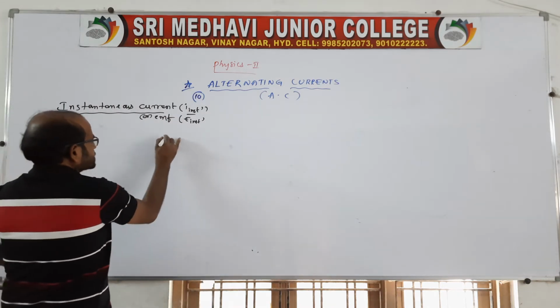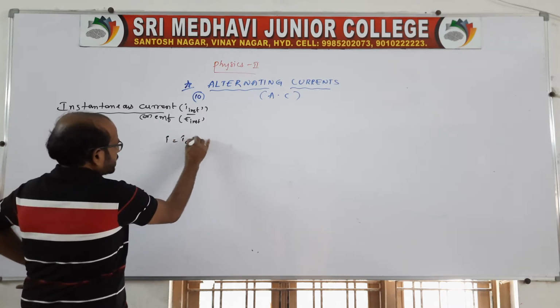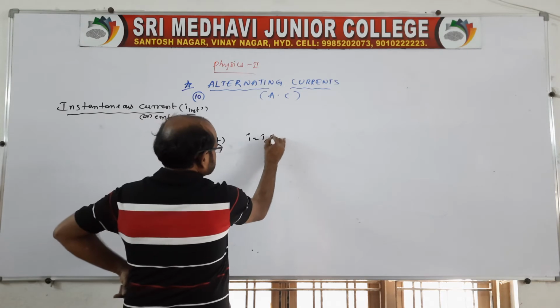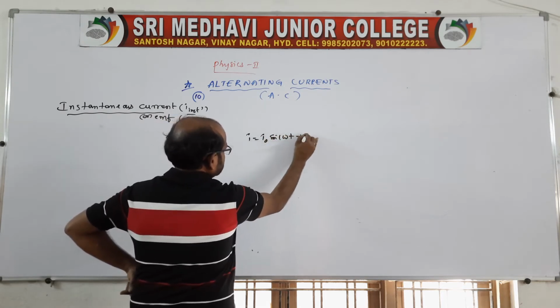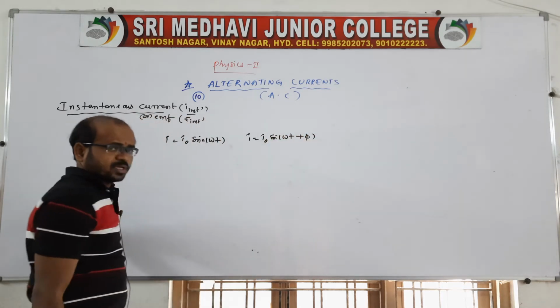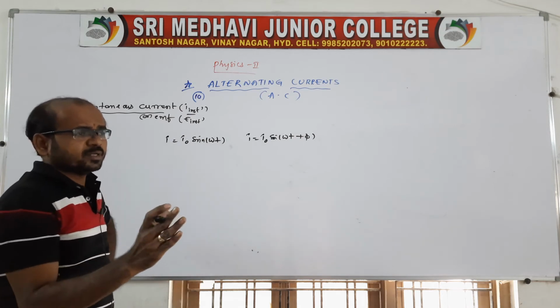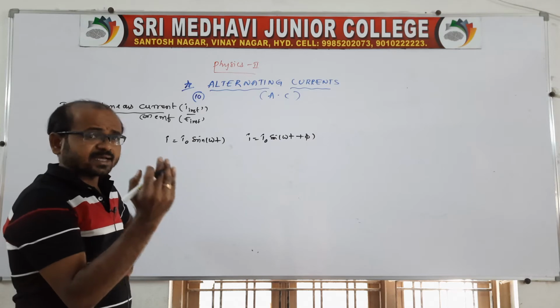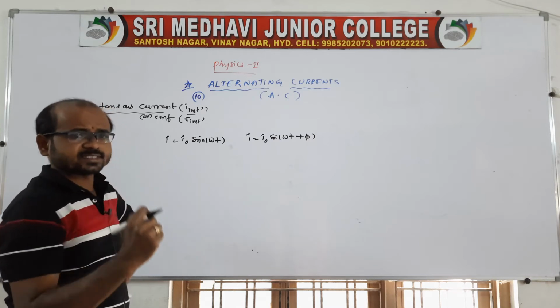Suppose I is equal to I naught sin omega t. So this is the current. Now I is equal to I naught sin of omega t plus phi. There will be a phase change. Everyone remember EMF, that means electromotive force, and as well as the current, there will be a small phase change.